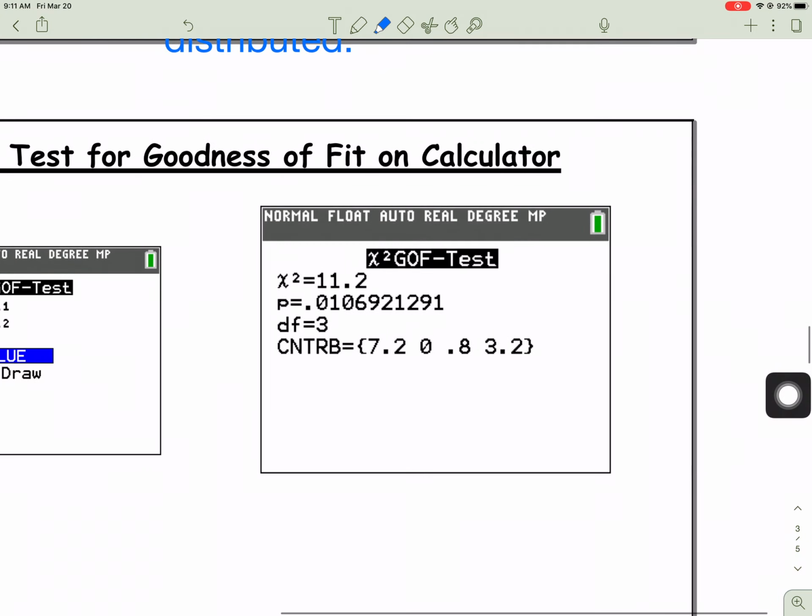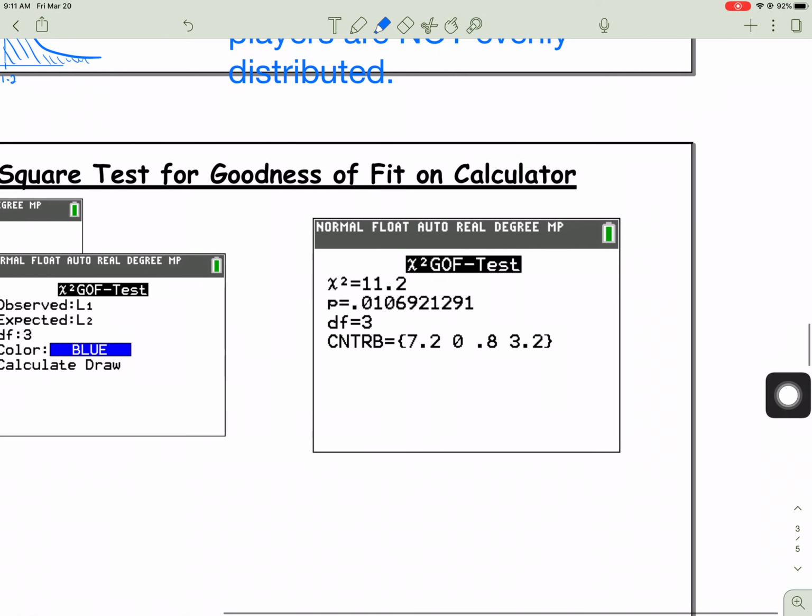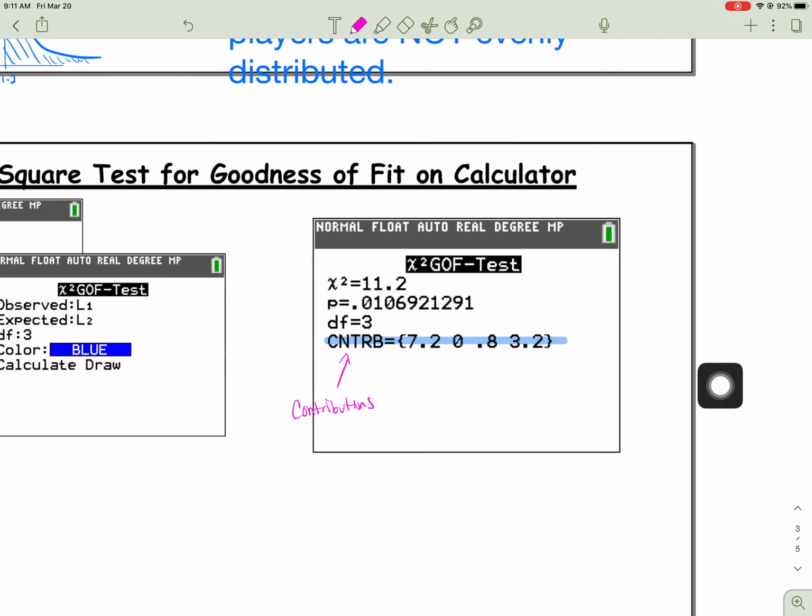Now, one thing I want to talk about is this column here that says CNTRB. What this means is contributions. It's basically telling us how much of the 11.2 is contributed by each section.